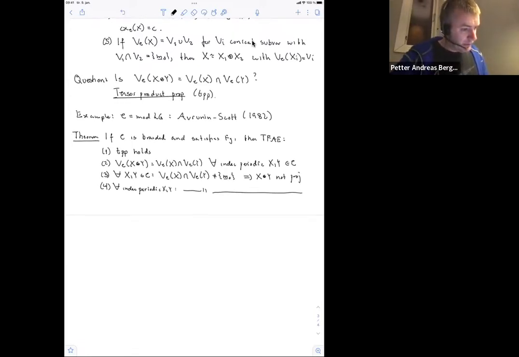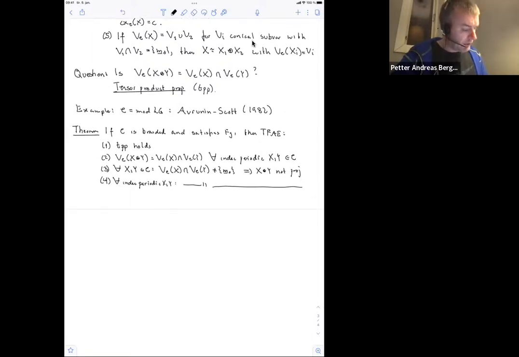So why should this sort of reduction result be useful? Well, here's one corollary.